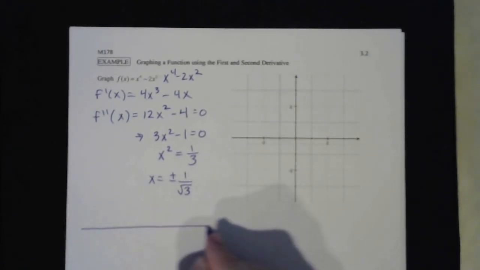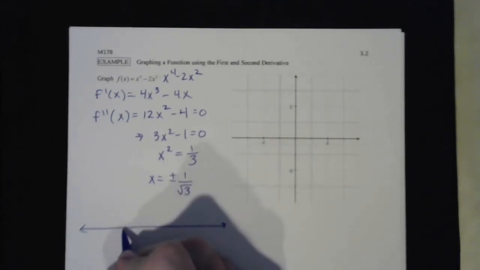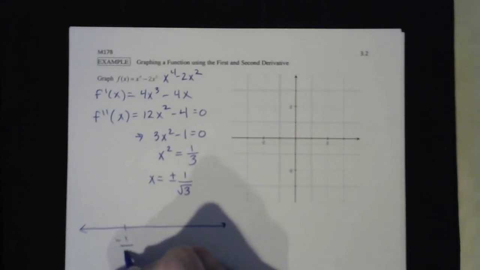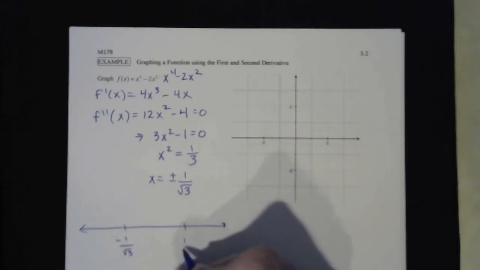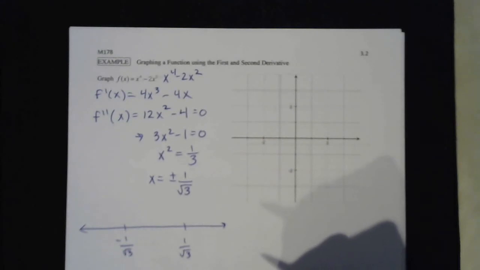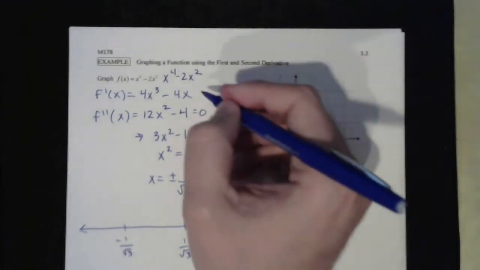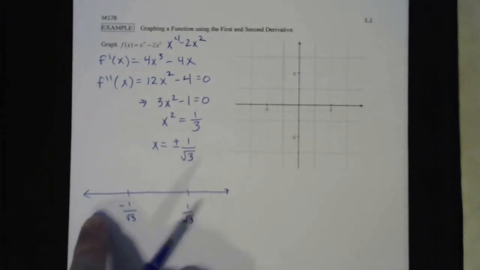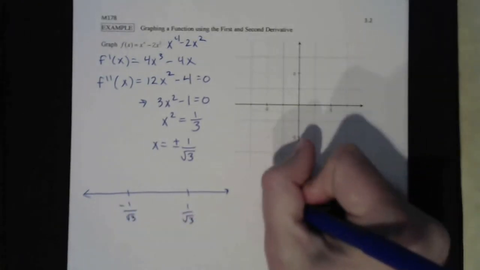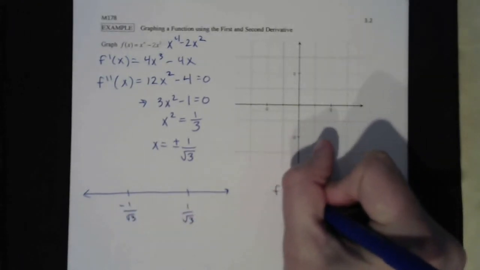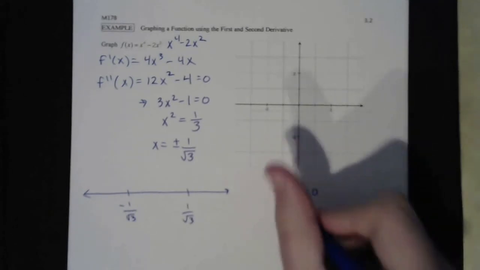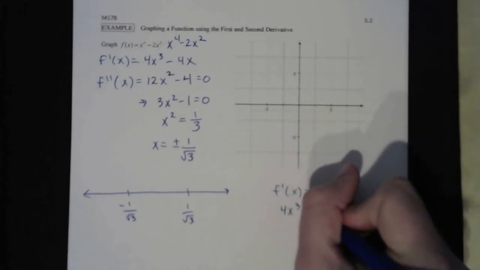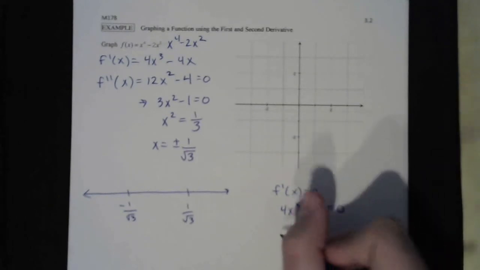So we can set up our splits at -1 over square root of 3 and positive 1 over square root of 3. Since our ultimate goal is to graph, before we pick what points to check, we can set our first derivative equal to 0 to get our critical numbers. So 4x cubed minus 4x equals 0.